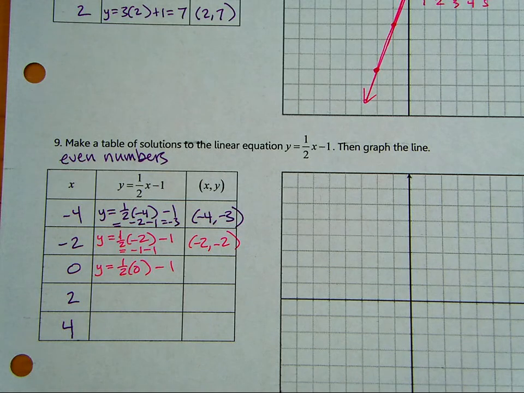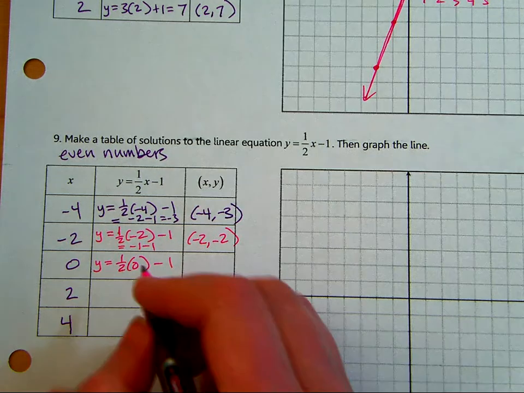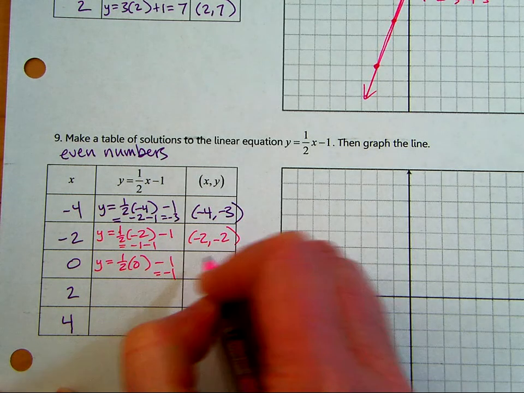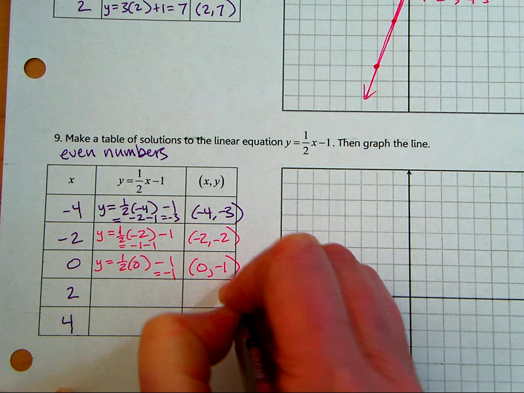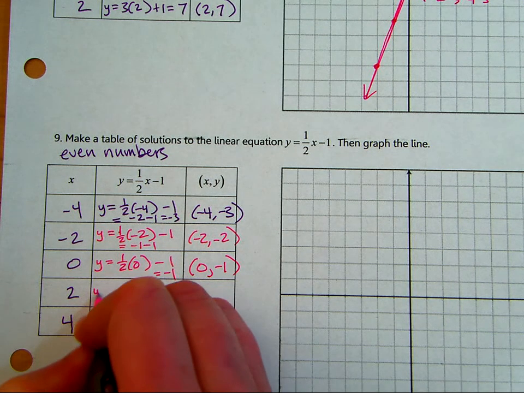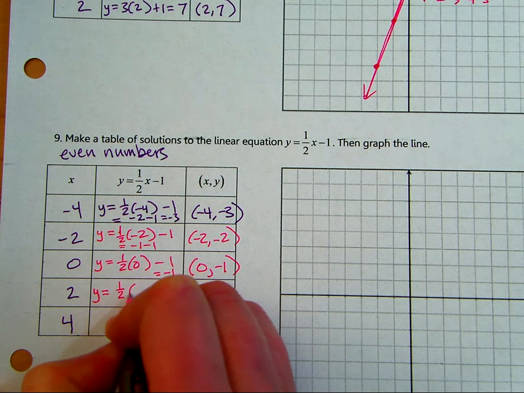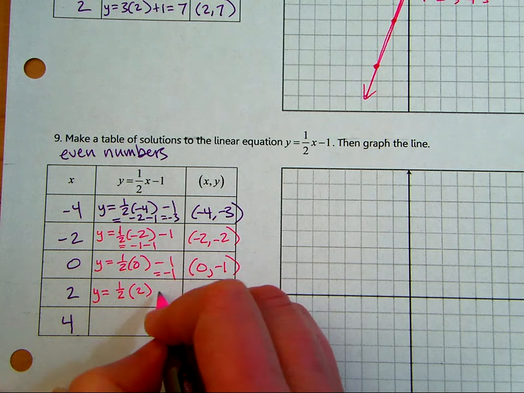Half of 0 is still 0. Yep. That's why I like putting 0 in my table, because it's an easy one. 0 minus 1 is -1. So 0, -1. Now I'm on the positive side. We did the harder work first.